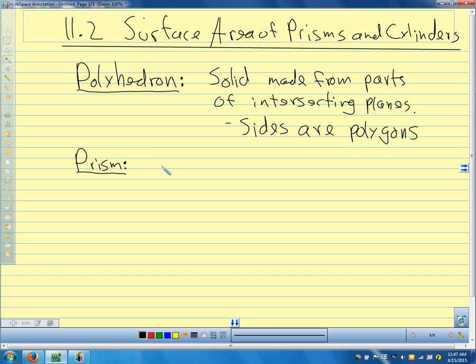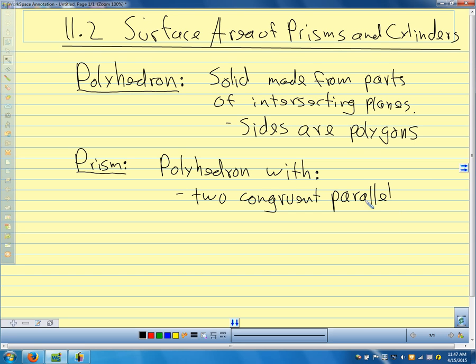A prism is a polyhedron with several things that make it a prism: 2 congruent parallel faces, and we call these faces the bases.